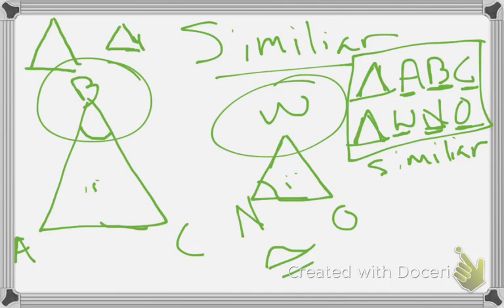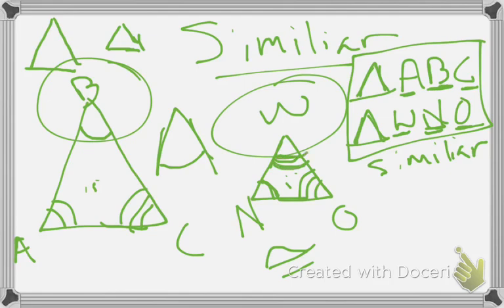So A would be congruent to W, and C would be congruent to O. If you noticed how I put those little marks inside my angle, that means that the angles with one mark are congruent. When I put two marks, that means A was congruent to W, and since I put 3 marks in C, 3 marks in O tells me that O is congruent to C.